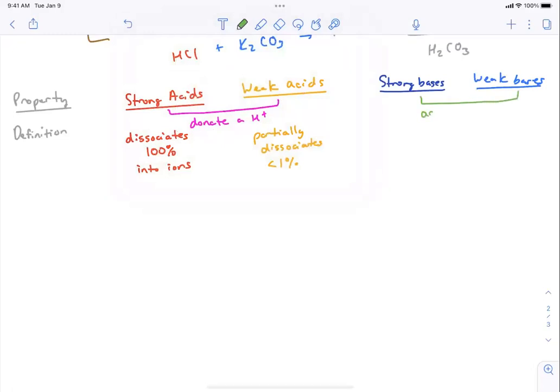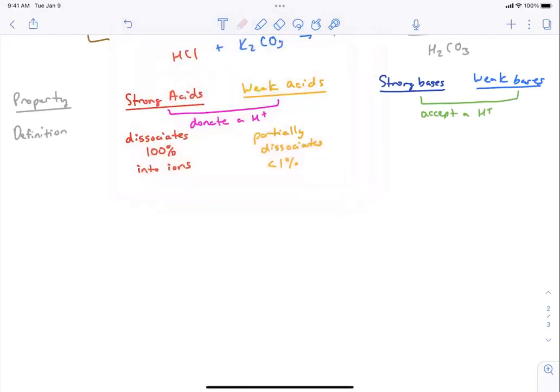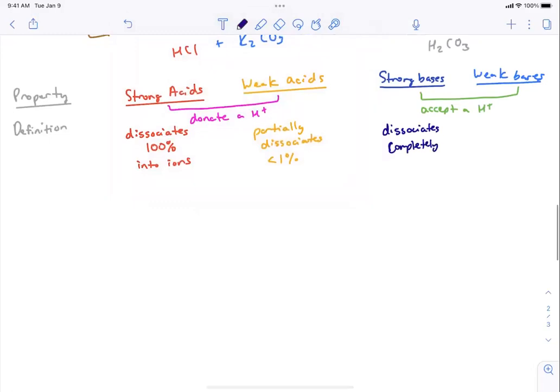Your bases accept a hydrogen, but again, the strong base dissociates completely, and the weak base dissociates partially.